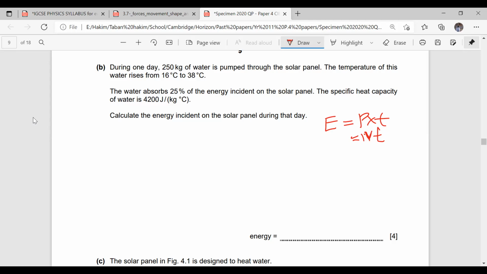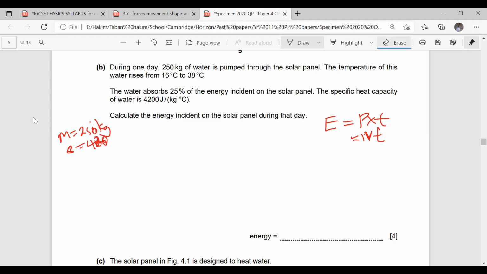M is equal to 250. What is this thing called? Specific heat capacity. Yes, the specific heat capacity is 4,200 joules. C, yes.